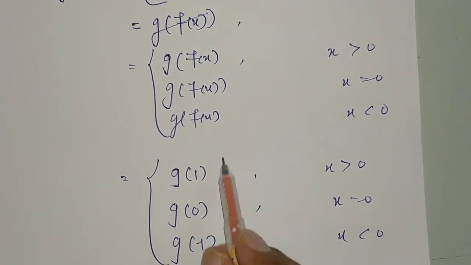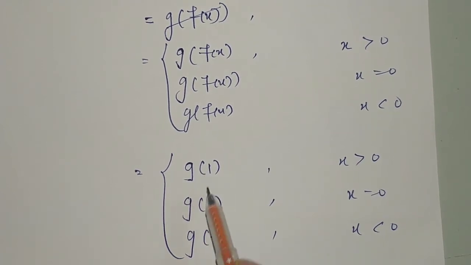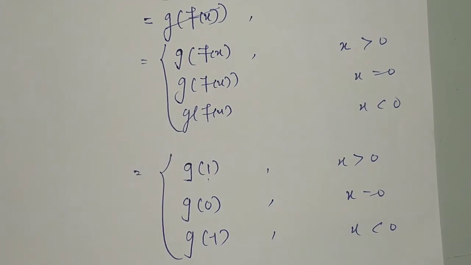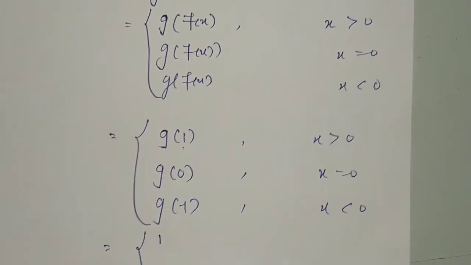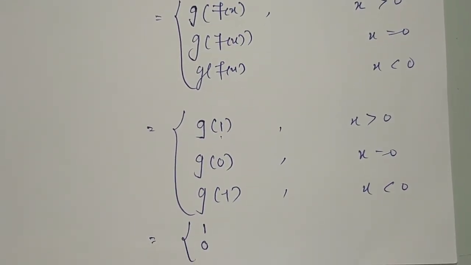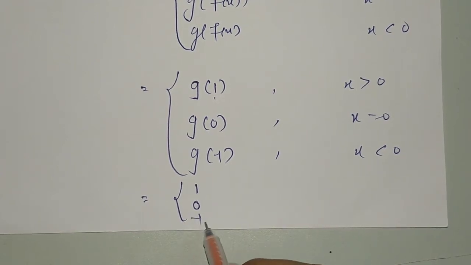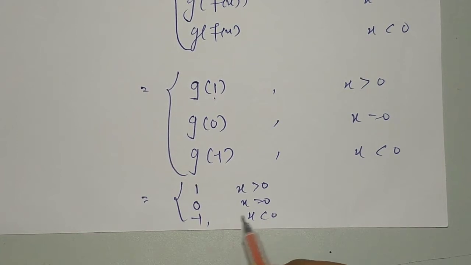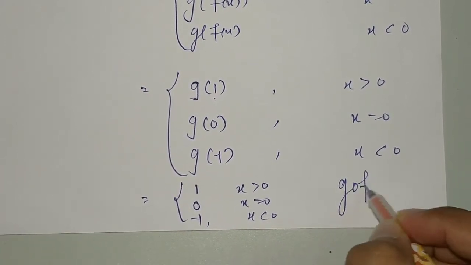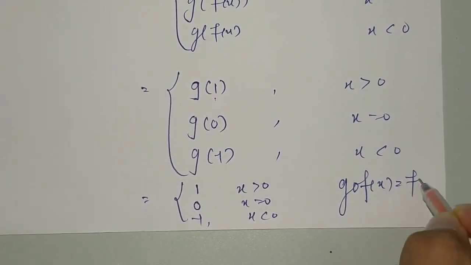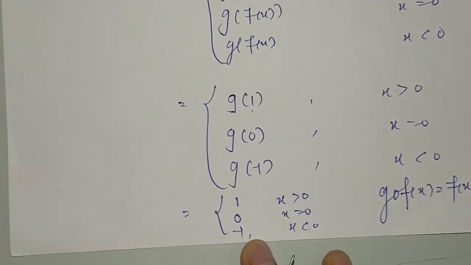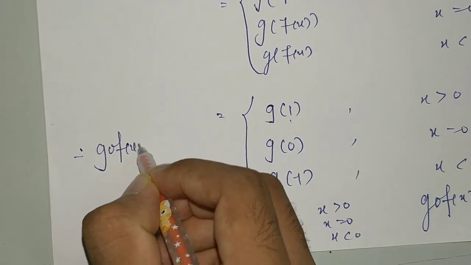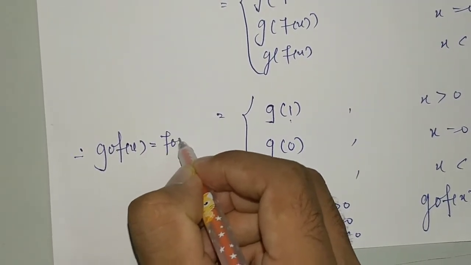Now g of x is itself a greatest integer function, so the greatest integer value of 1 is 1, for 0 it is 0, and for minus 1 it is minus 1, for x greater than 0, x equals 0, and x less than 0. So gof is again f of x. So we can say that gof of x is equal to fog of x.